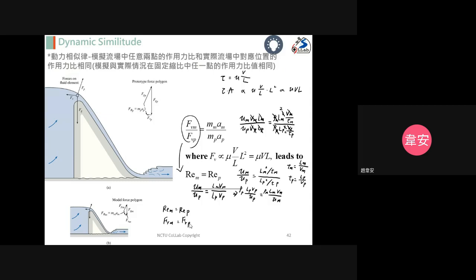For example, in the spillway problems, the important pi groups are the Reynolds number and the Froude number. The Reynolds number considers the viscous effect, and the Froude number focuses on problems involving the gravity force.